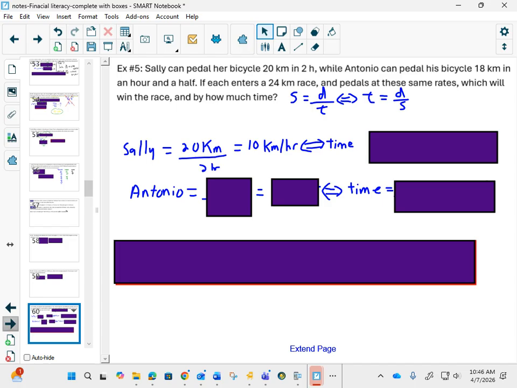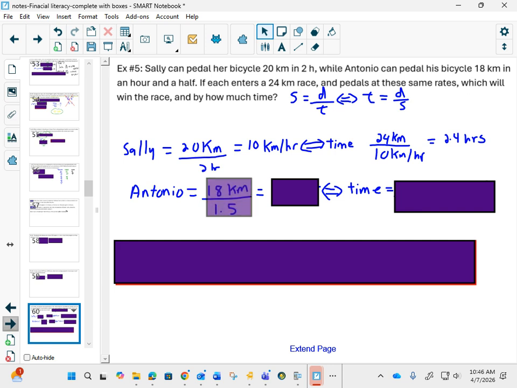If we take her 24 kilometers and divide by her speed of 10 kilometers per hour, we find out that this takes her 2.4 hours. Antonio's speed: 18 kilometers in 1.5 hours, that's 12 kilometers per hour.